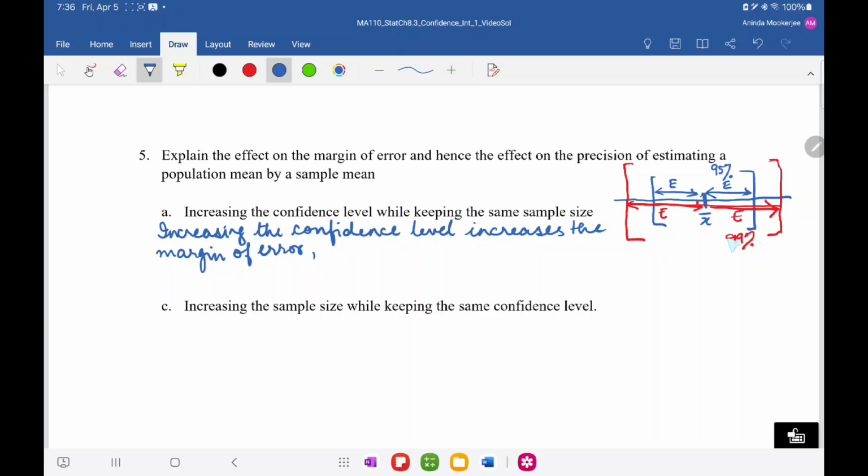With the 99% confidence level, we have a wider margin to make an error. So that means we can be less precise and still be considered within our interval, correct? So increasing the confidence level increases the margin of error but decreases the precision.